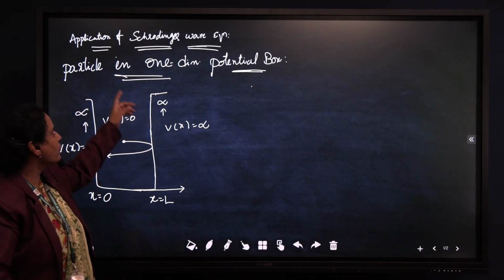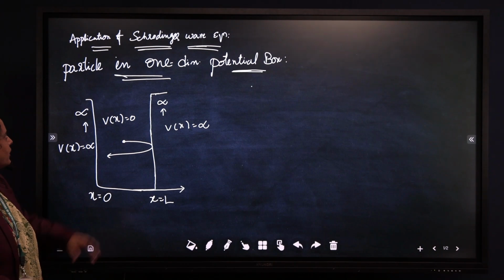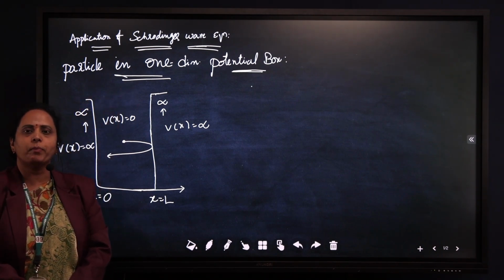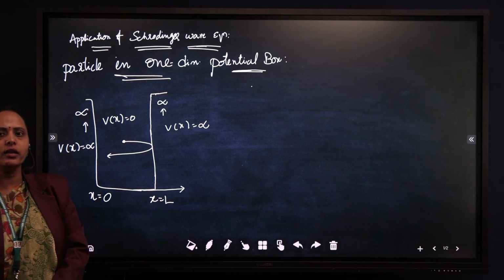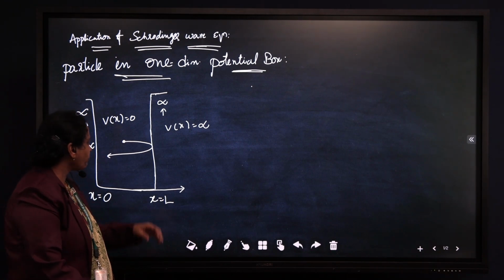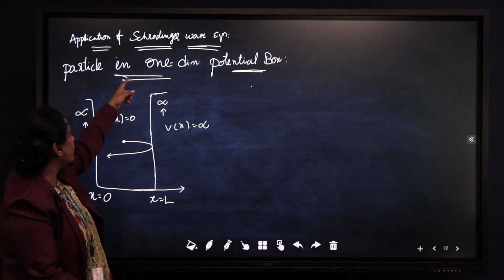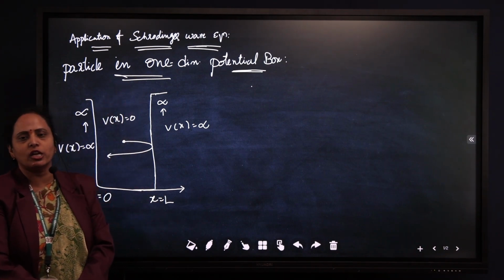For that, I am going to take an application here, that is a particle in a one-dimensional potential box. How does a particle behave in a potential box? For mathematical simplification, we are going to consider a one-dimensional box.